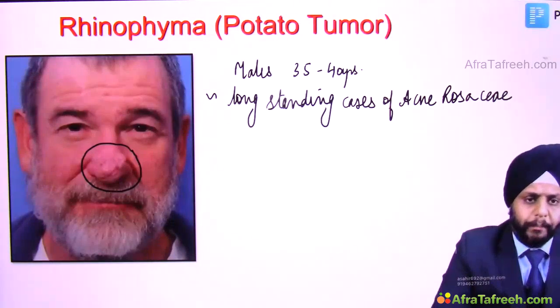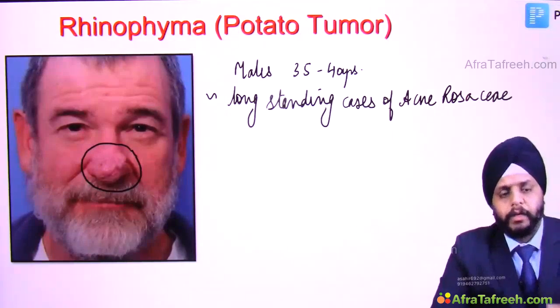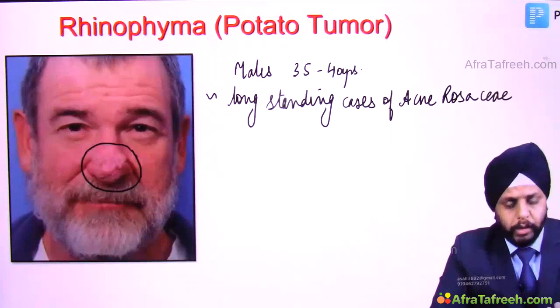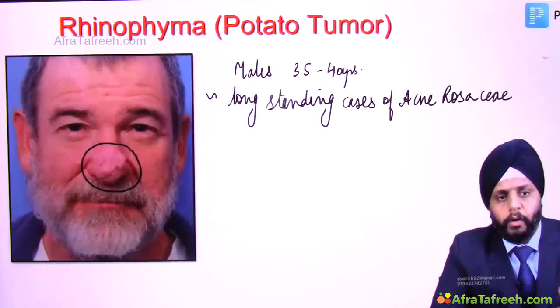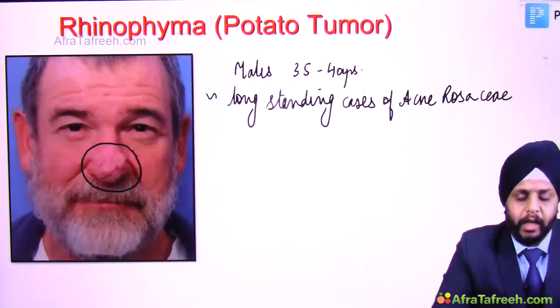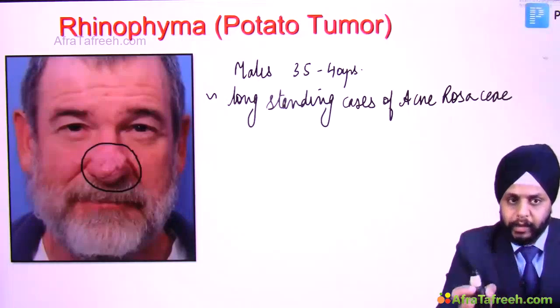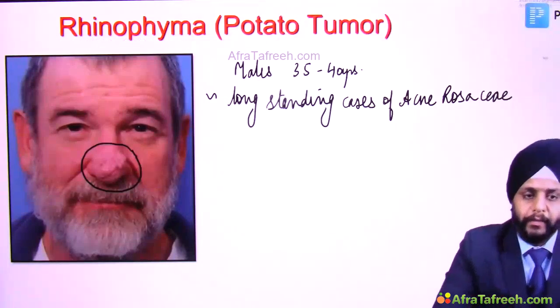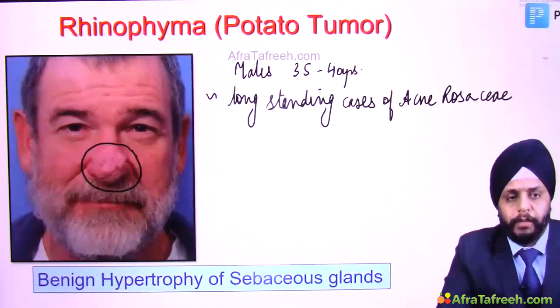So because the pilosebaceous duct is blocked, the sebaceous secretions are not able to come out. So they start accumulating inside the sebaceous glands, and because of that, the sebaceous glands increase in size, right? So what happens? There is a benign hypertrophy of sebaceous gland.